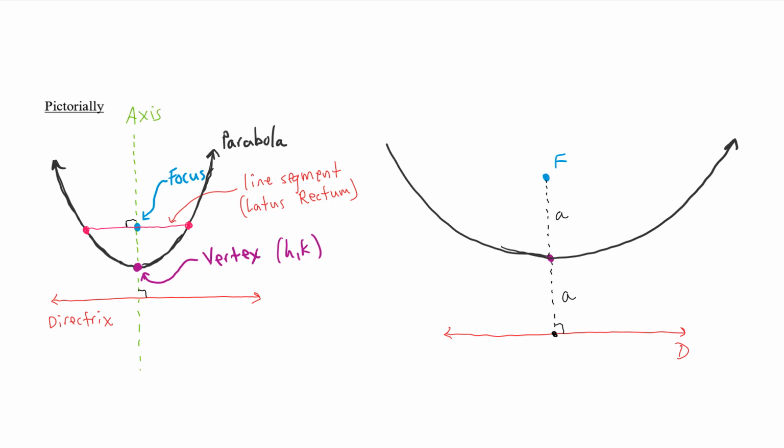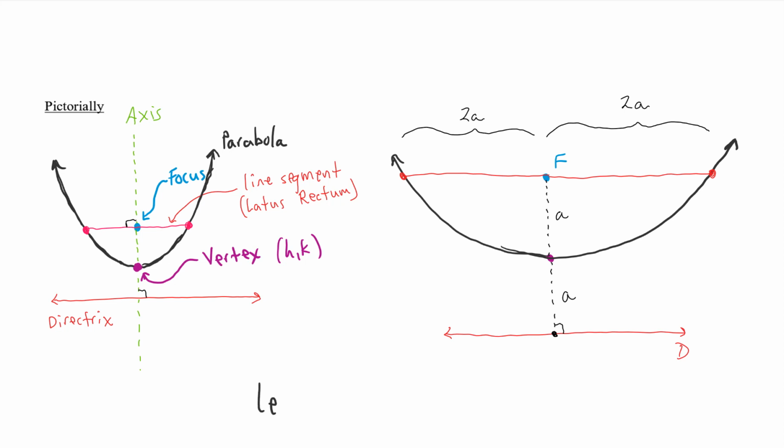Now, the other thing that A is useful for is the latus rectum, this line segment here. It turns out this length is 2 times A, and since it's symmetric, this length is also 2 times A. So the whole latus rectum has a length of 4A.